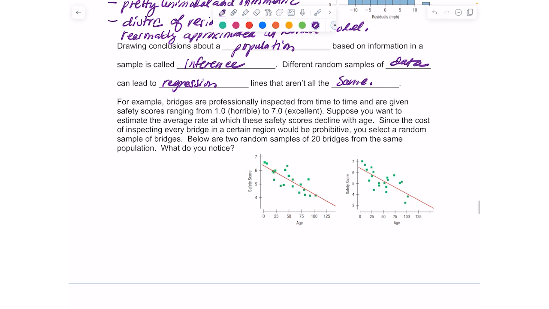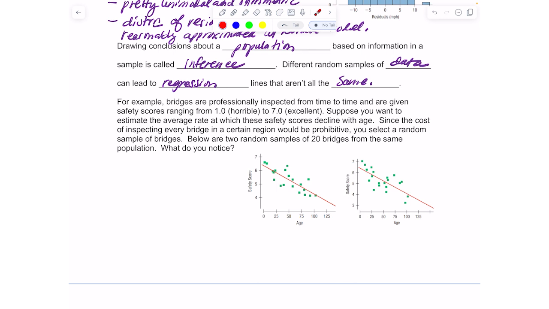For example, bridges are professionally inspected from time to time and are given safety scores ranging from 1, which is horrible, to 7, which is excellent. Suppose you want to estimate the average rate at which these safety scores decline with age. Since the cost of inspecting every bridge in a certain region would be prohibitive, you select a random sample of bridges. Below are 2 random samples of 20 bridges from the same population.